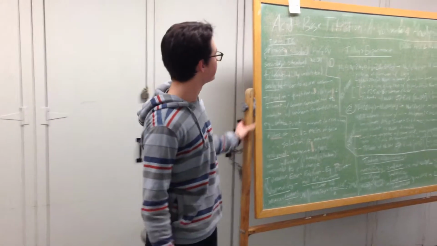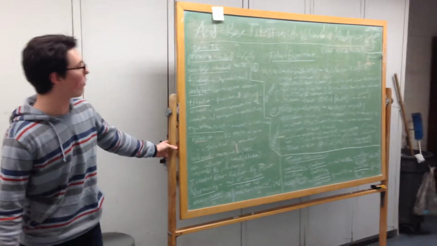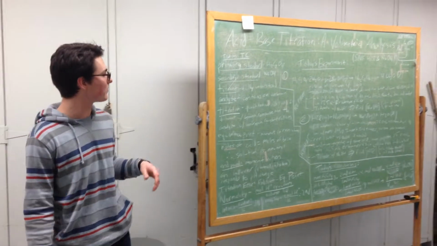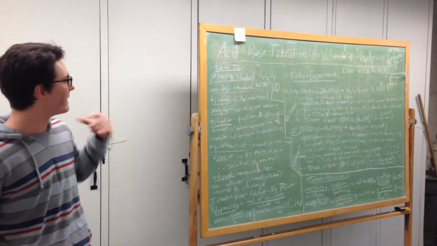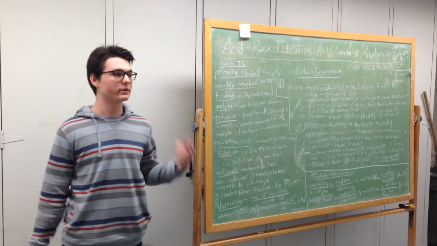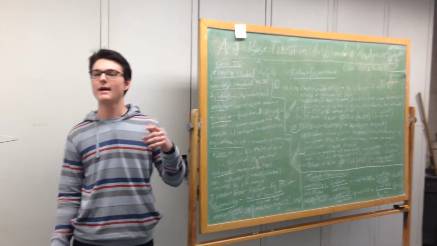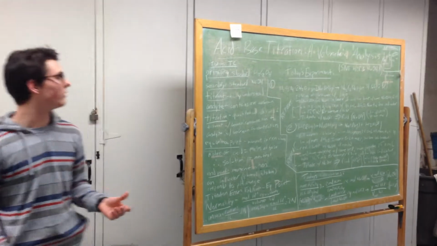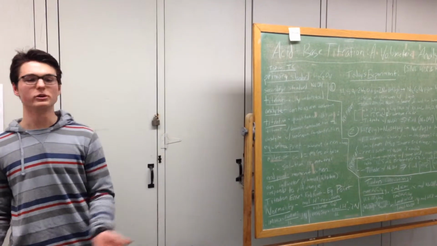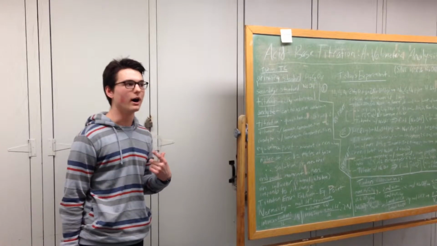So what we're doing today is an acid-base titration, and this is a form of volumetric analysis, okay? Before getting into it, just a little bit of theory. We have been working with glassware in almost every lab so far, but we haven't really talked too much about how it's classified. When it comes to glassware, there are things called TD glassware and TC glassware.